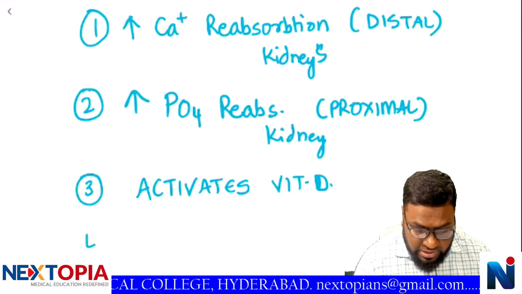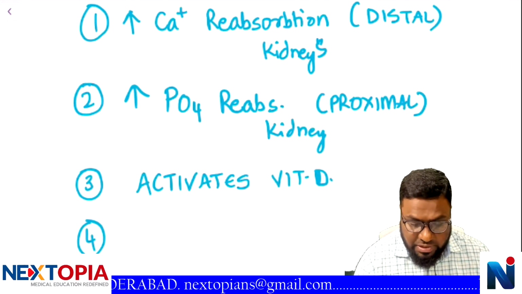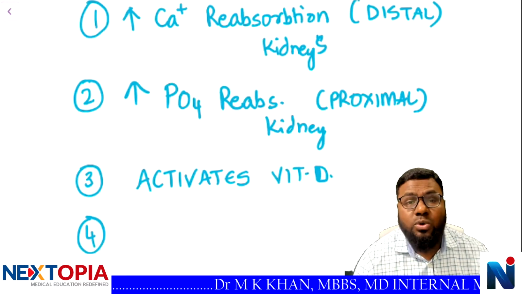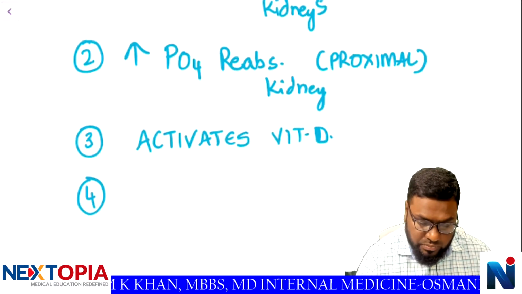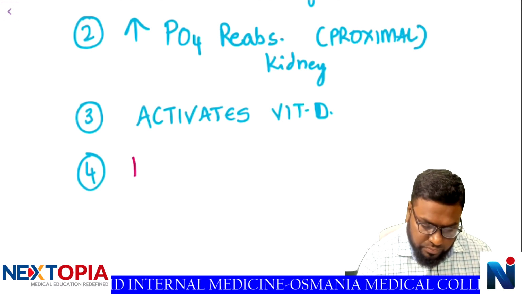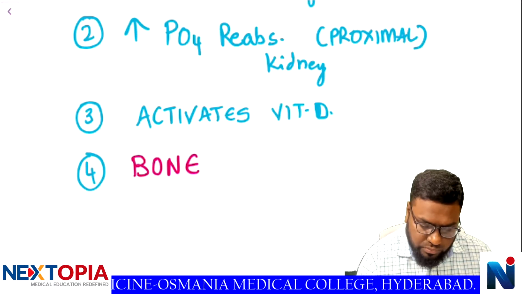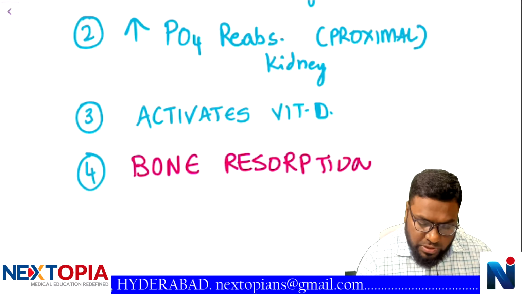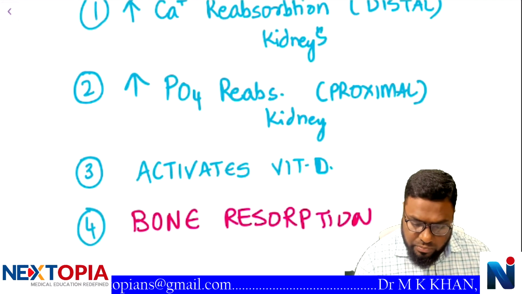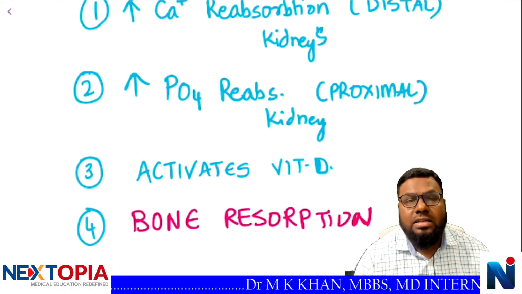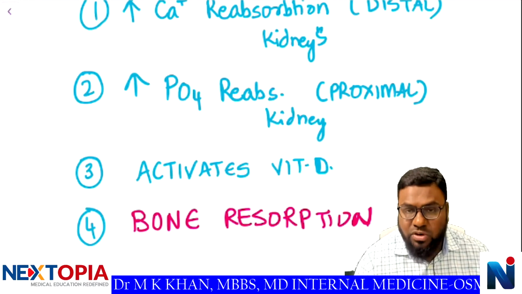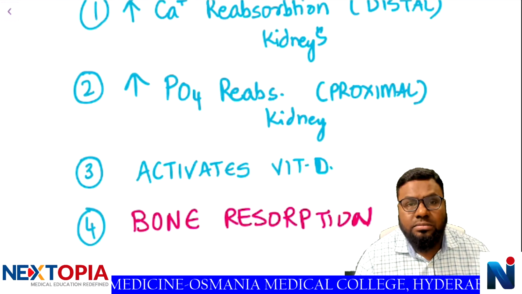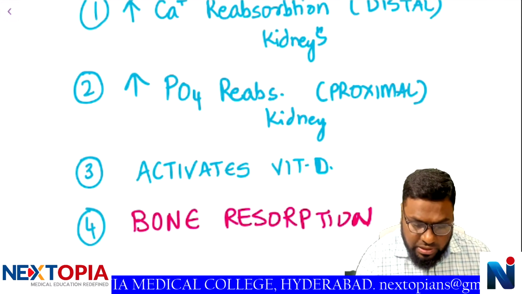And the fourth point is very important. Most importantly, parathormone promotes bone resorption. All these four scenarios will increase the serum calcium and phosphate in the blood.